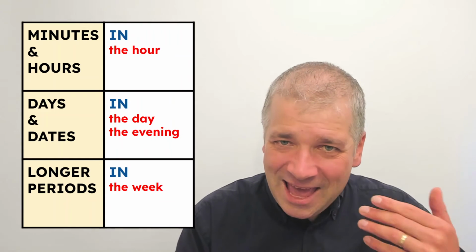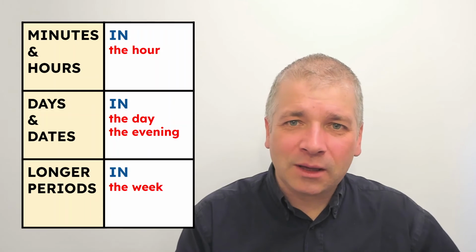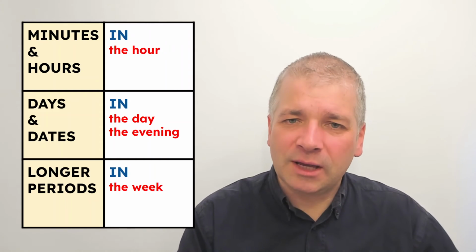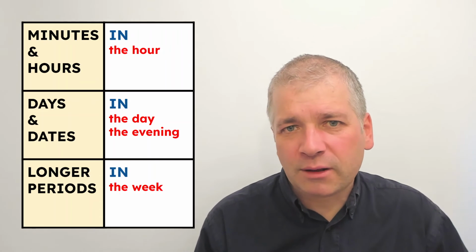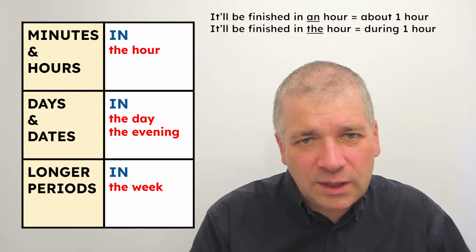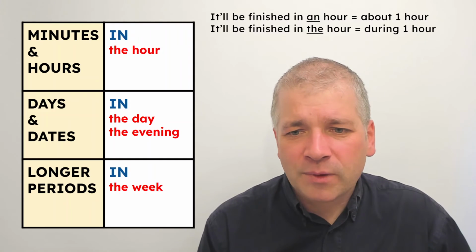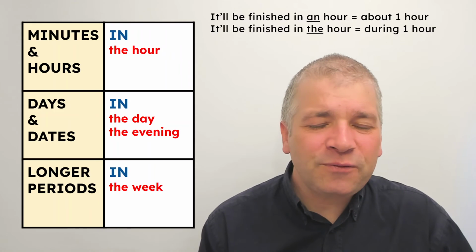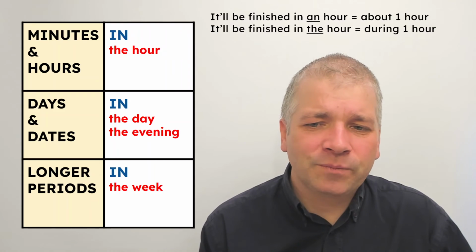As well as saying in an hour or in a day or in a week, I can also say in the hour, in the day, in the evening, in the week. This means something slightly different. Look at these two examples here. It'll be finished in an hour. It'll be finished in the hour.